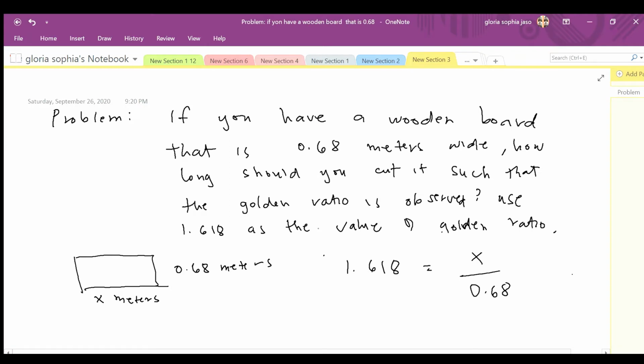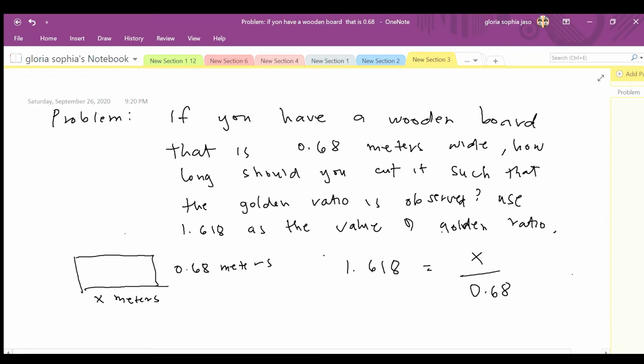So, let's have this problem as an application for golden ratio. If you have a wooden board that is 0.68 meters wide, how long should you cut it such that the golden ratio is observed? Use 1.618 as the value of golden ratio.